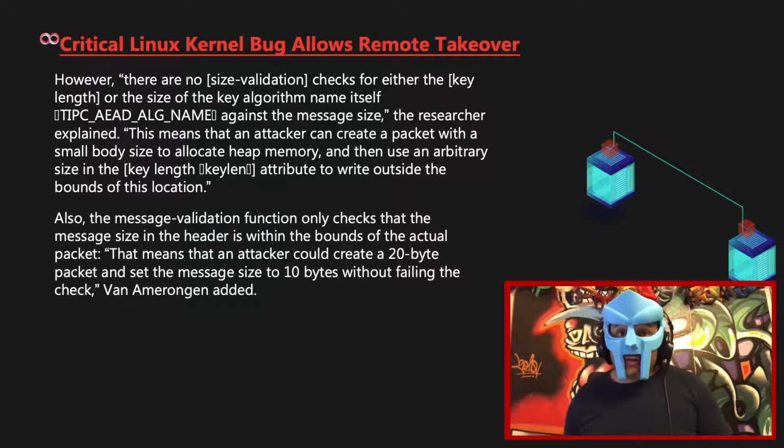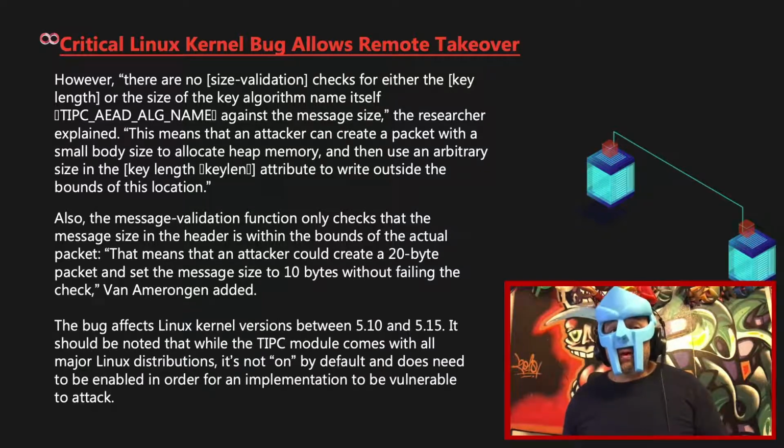Also, the message validation function only checks that the message size in the header is within the bounds of the actual packet. That means that an attacker could create a 20-byte packet and set the message size to 10 bytes without failing the check. The bug affects Linux kernel versions between 5.10 and 5.15.